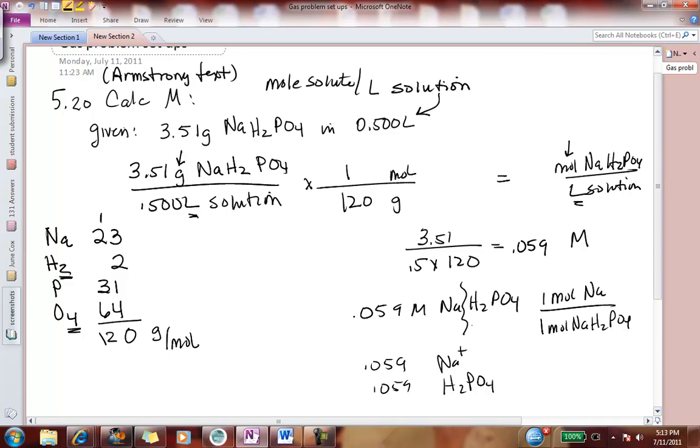You can look at this as being an ionic compound. This is your positive ion, and that's your negative ion. So that was the one other step that I wanted to do.